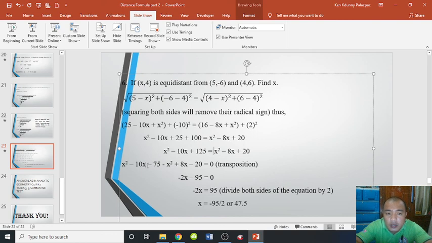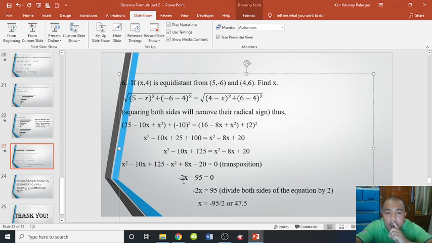So by transposition, x squared minus 10x plus 125 equals x squared minus 8x plus 20. Okay, by transposition, we move x squared minus 8x plus 20 with a change in sign. Then, cancel the x squared.